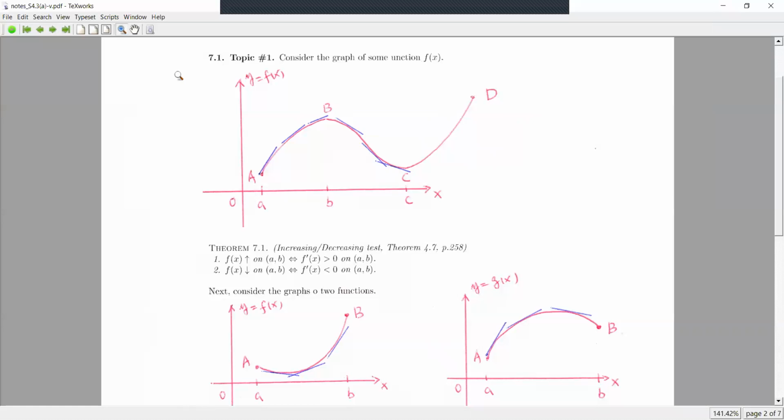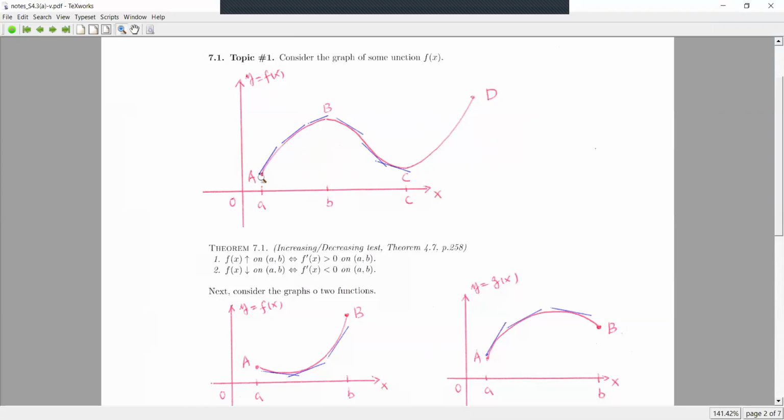Now today's topic, increasing, decreasing, concave up and concave down. Here we have a curve. This is the graph of some function. This curve is increasing from point a to point b, then decreasing from b to c, and then increasing again.